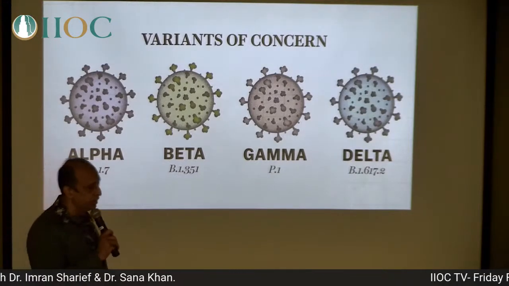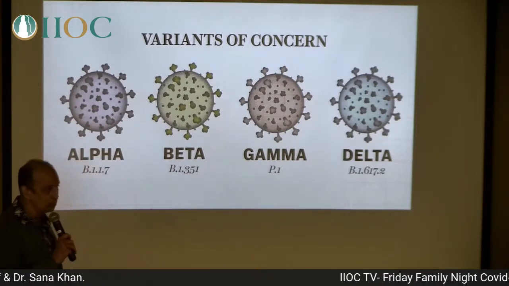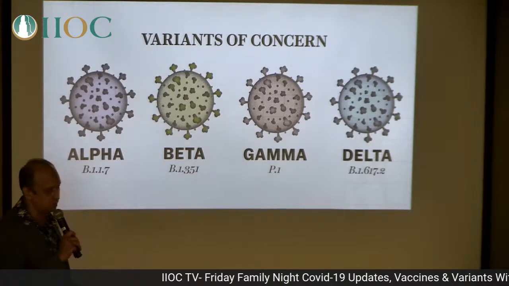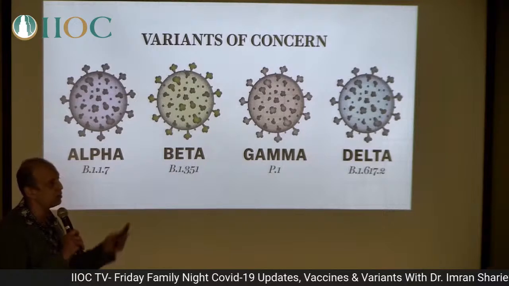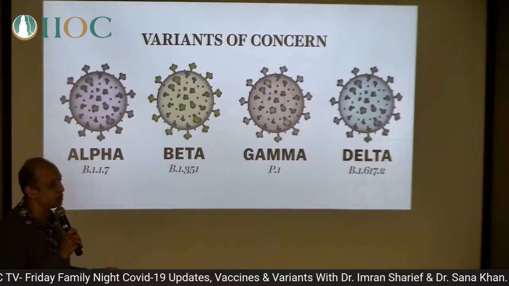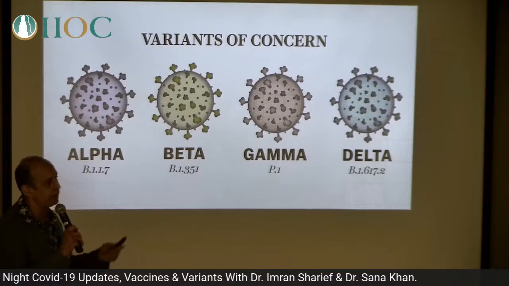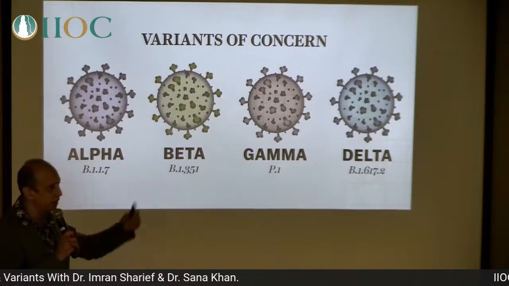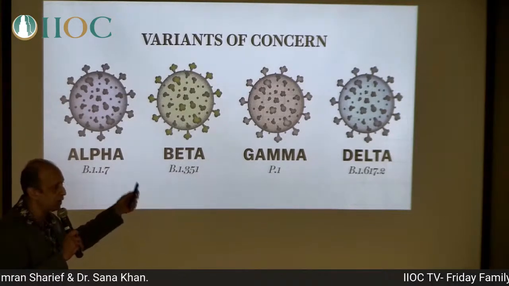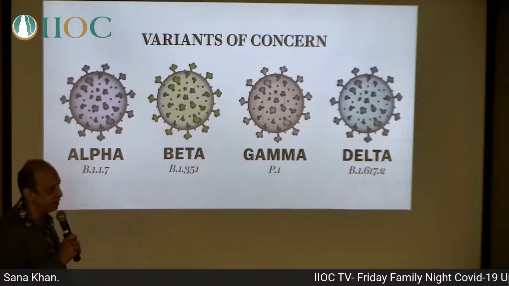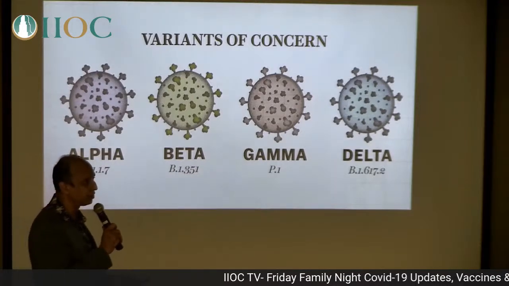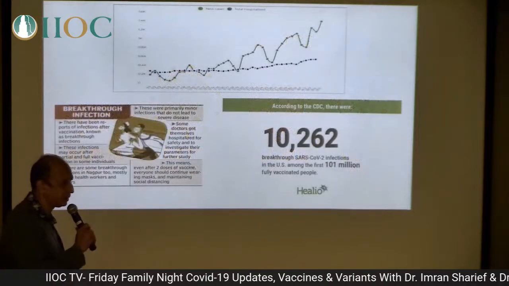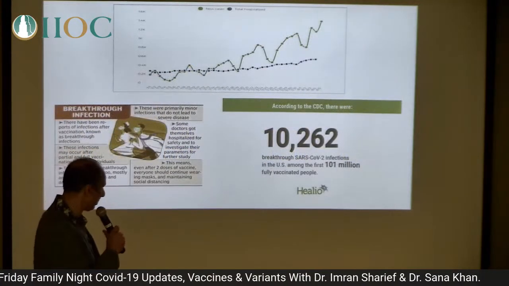The reason was because people started using the name of the country and then started blaming the country, which is not the case. This is a virus which once it gets into your system, starts to mutate, and it can happen here in the US, in LA, in Chicago, in Singapore, in China, Pakistan, wherever the virus is. So that's why the name was changed. And the Lambda variant originated in Peru.